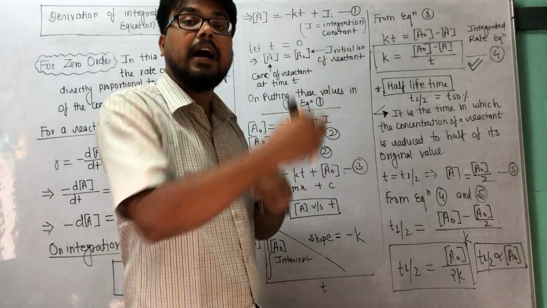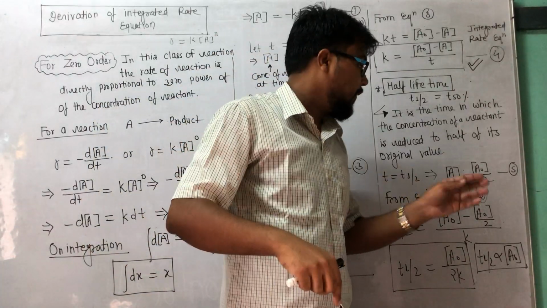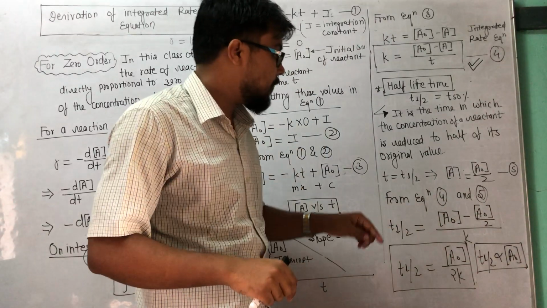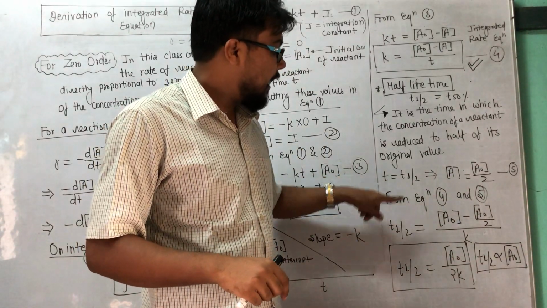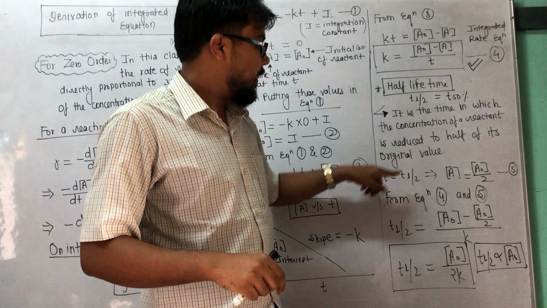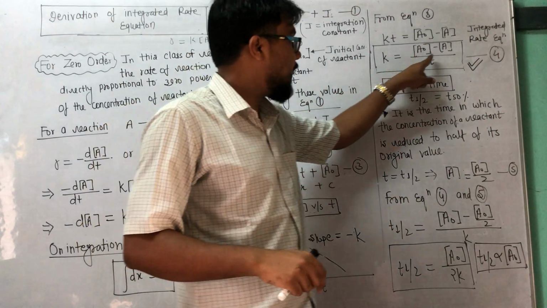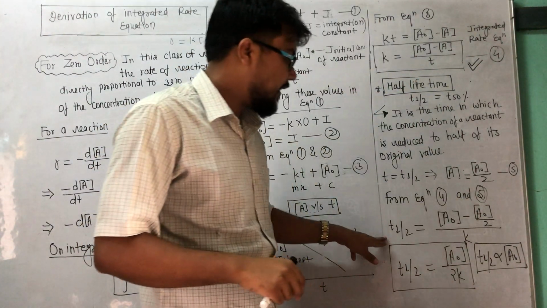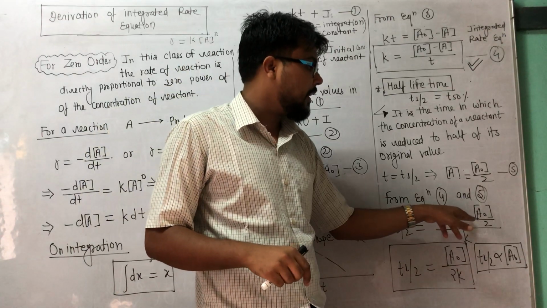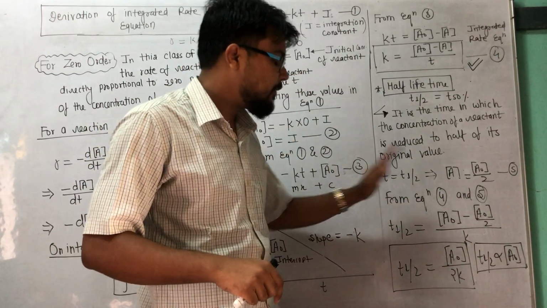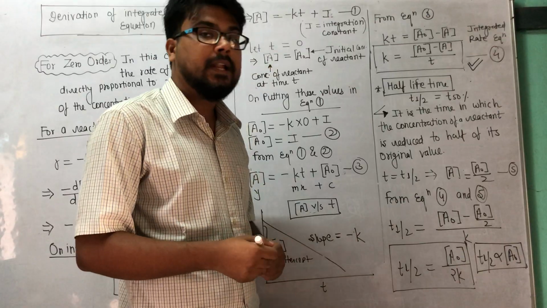It will consume just half of its initial value. So A equals how much? A naught by 2. Now if we put T equal to T half and A equal to A naught by 2, we get T half equals A naught minus A naught by 2. Then the final value will be T half equals A naught by 2k.